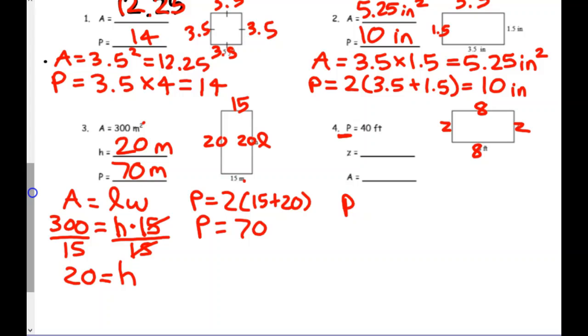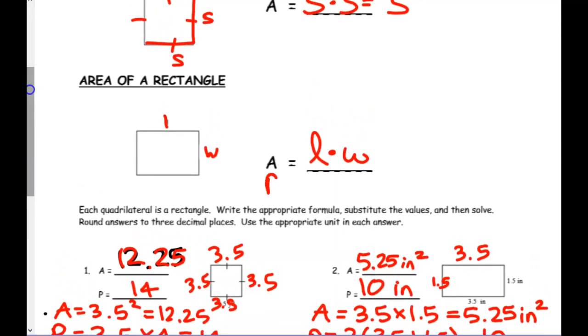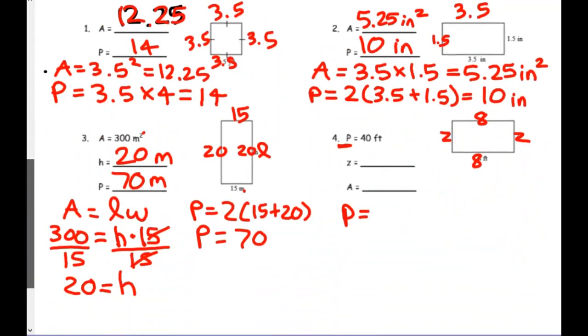okay, and I guess maybe we could have put that up here for a rectangle. Perimeter is 2 times length plus width. But it is what it is. All right, so perimeter is 2 times length plus width, right?